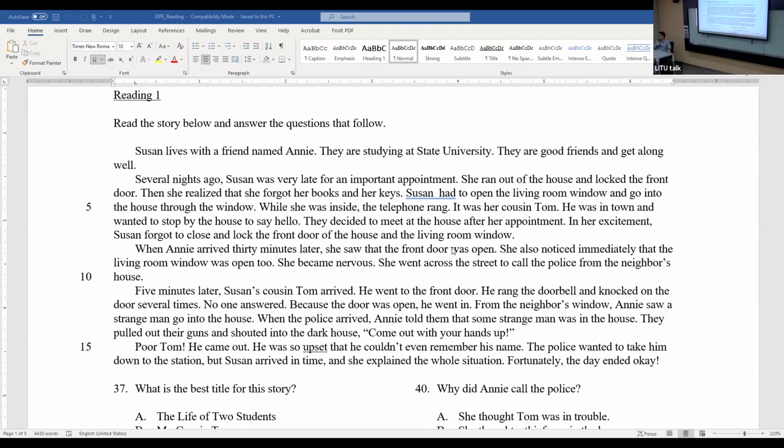How many would think that this is B1? B1. 1, 2, 3, 4, 5, 6, 7. Okay. A2, A2. 1. Okay. There's a big gap.